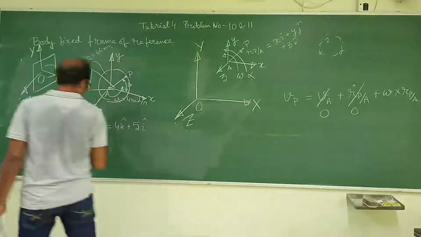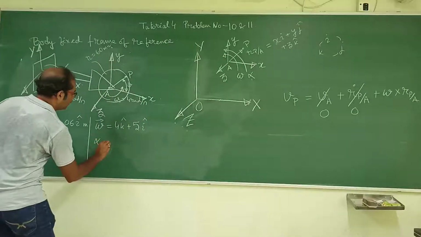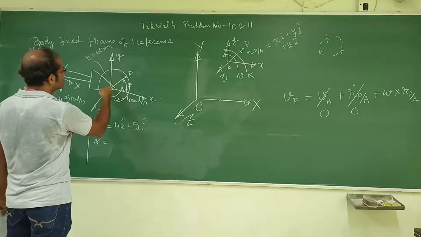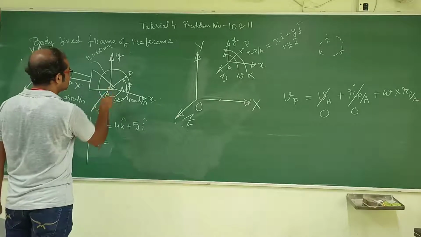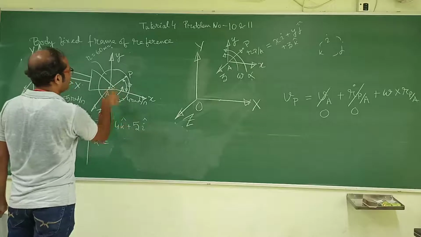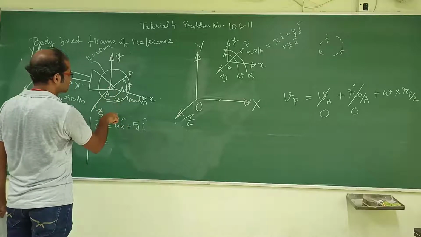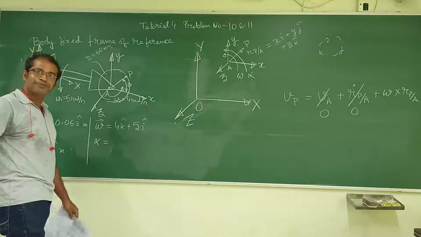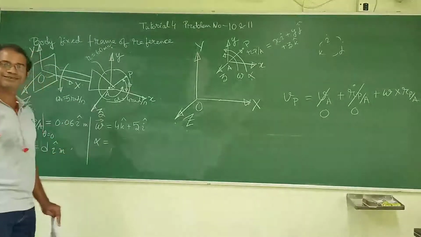Now what is going to be the alpha? Over here the vector is towards k, and this entire vector is rotated by 5 radian per second.